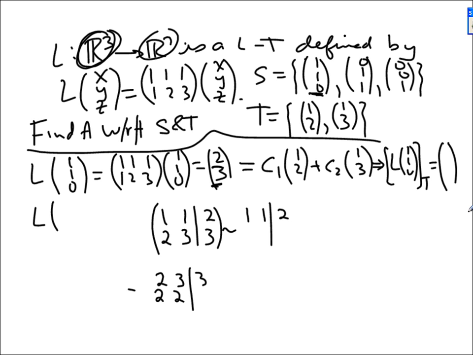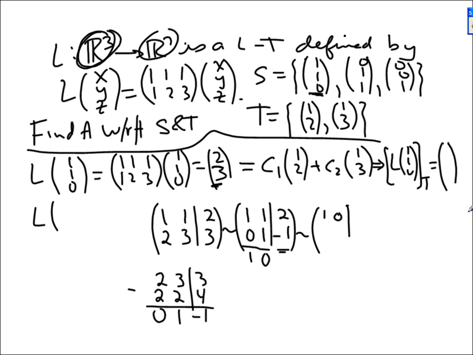I'll take away 2, 2, 4. And what I get is 0, 1, negative 1. Now, I replace row 1 with row 1 minus row 2. 1 minus 1 is 0. 2 minus negative 1 is 3.